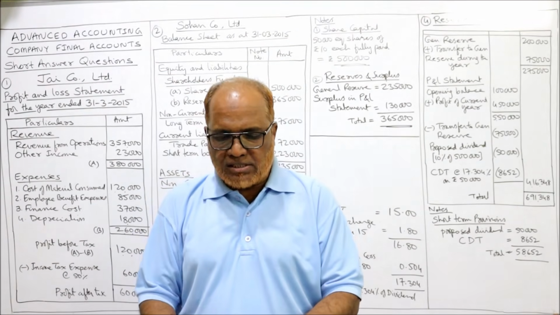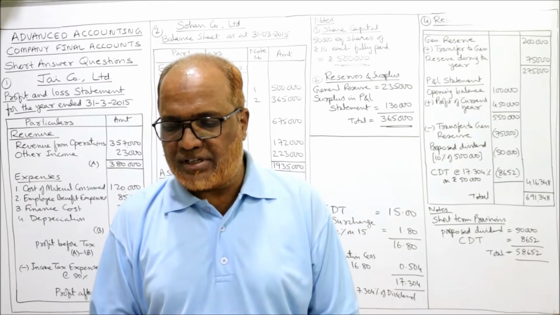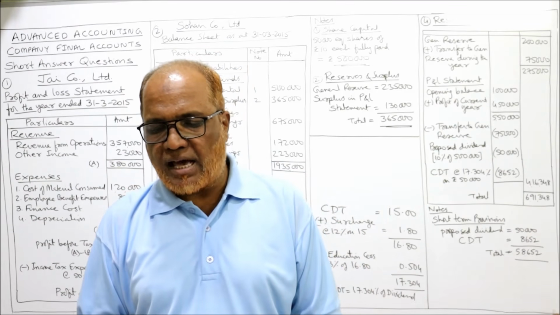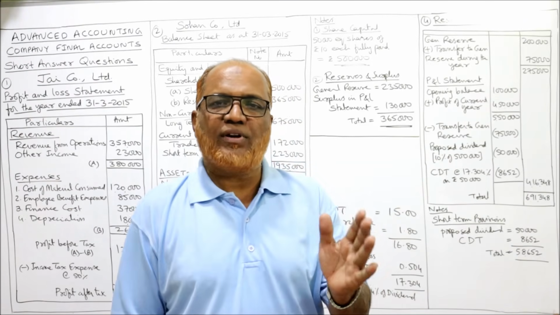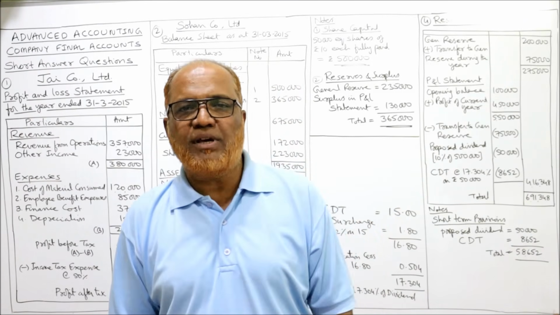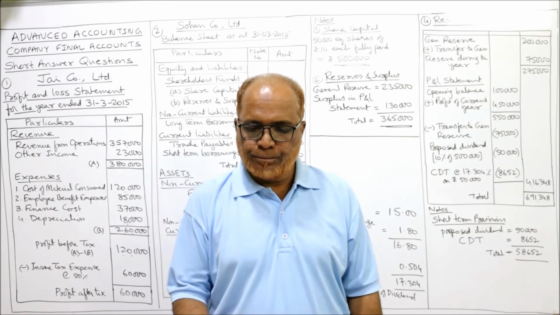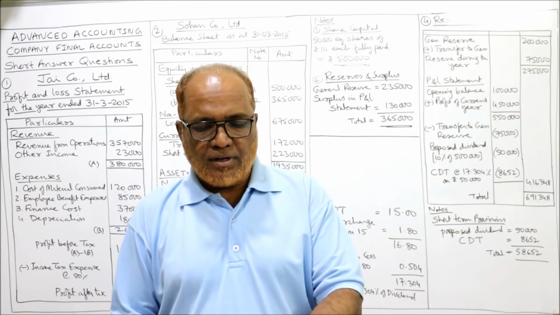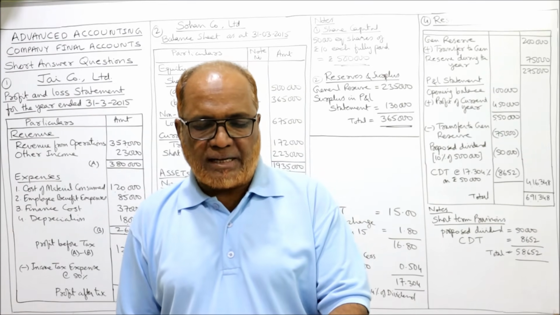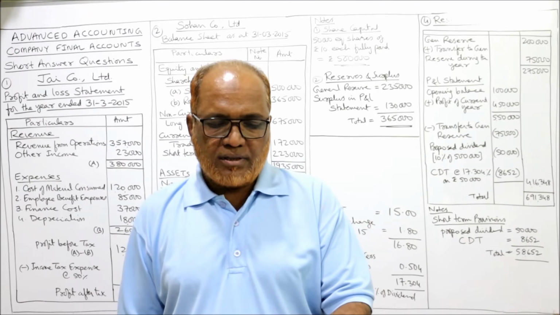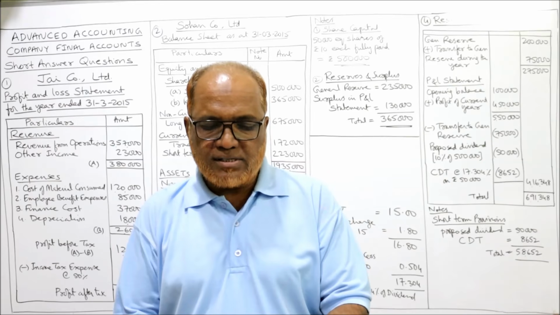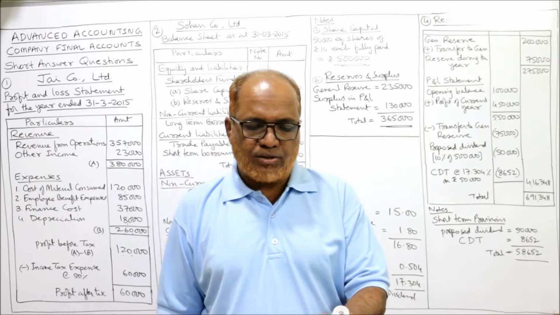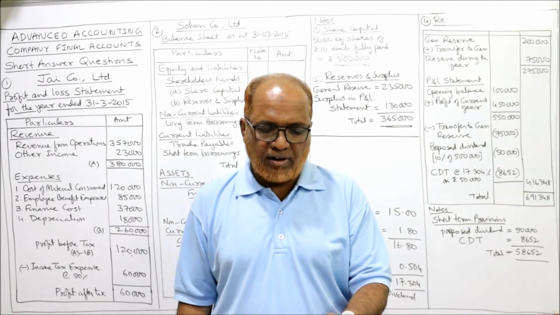From the following particulars relating to Sohan Company Limited, prepare the balance sheet of the company as at 31st March 2015. In the first problem we did the profit and loss statement. The second problem is on the balance sheet. Equity share capital, 50,000 equity shares of 10 each fully paid. Then tangible assets, intangible assets, general reserve, surplus in profit and loss statement, long-term borrowings, inventories.